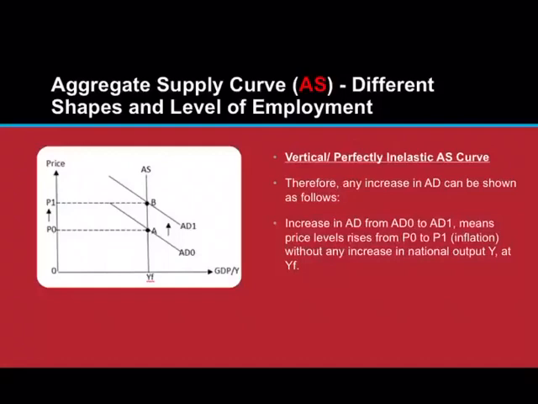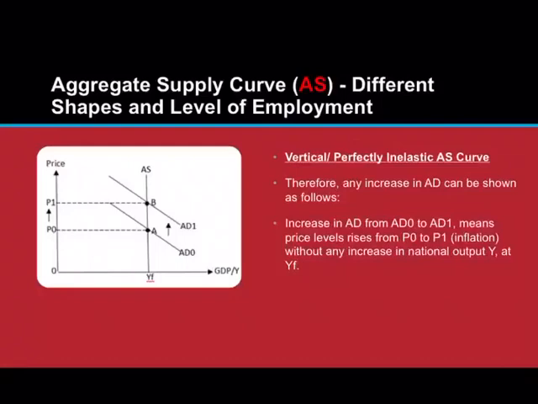When there is an increase in the aggregate demand, the aggregate demand will shift upwards, slightly rightwards. But the equilibrium point will still be established at the same output level because there are no more resources to produce beyond YF.